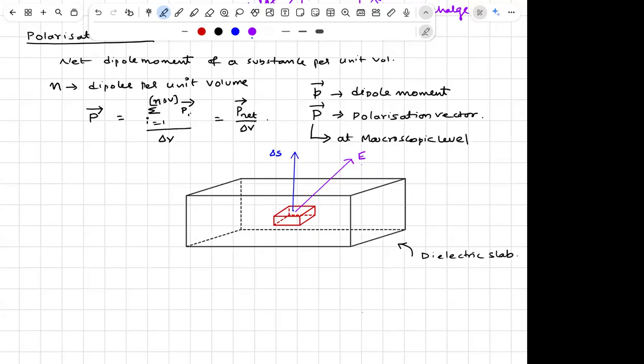There is no electric field for a while. For example, I am taking some number n here as the number of charges per unit volume. Now the net is zero. The entire volume is neutral in the absence of any electric field.